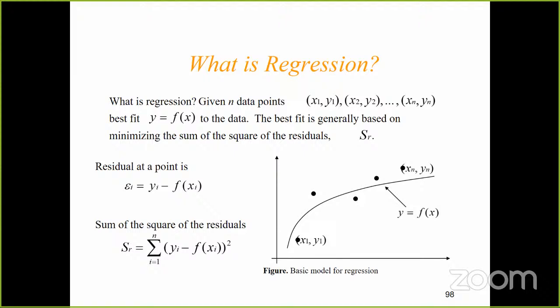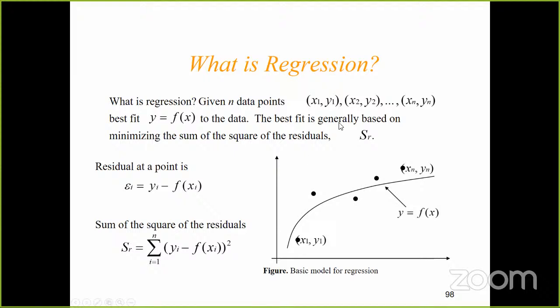It happens actually. For a given n points, for example, these are the points shown as dots: x1, y1 is the first point, x2, y2 is the second point, x3, y3 is the third point, and xn, yn is the nth point, which need not be the last point. To fit this, the best fit line moves across the points, not necessarily touching any of them. Don't always try to connect the points.